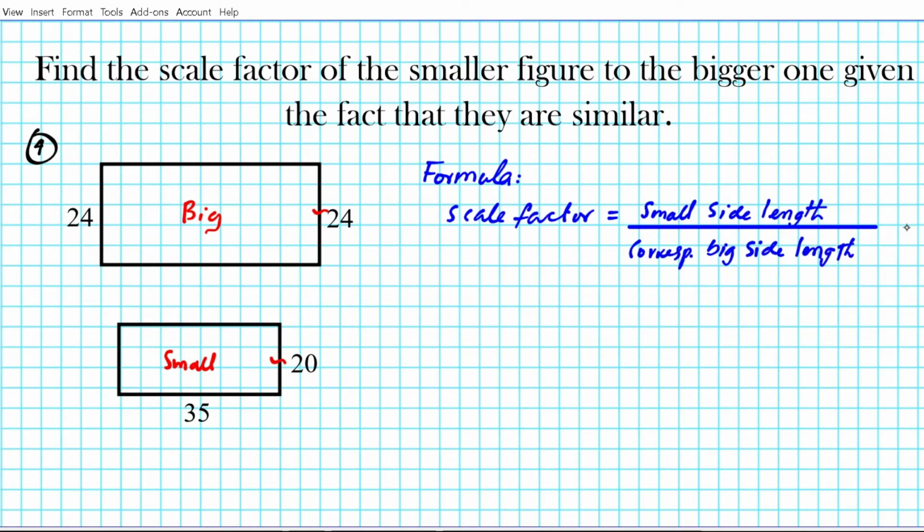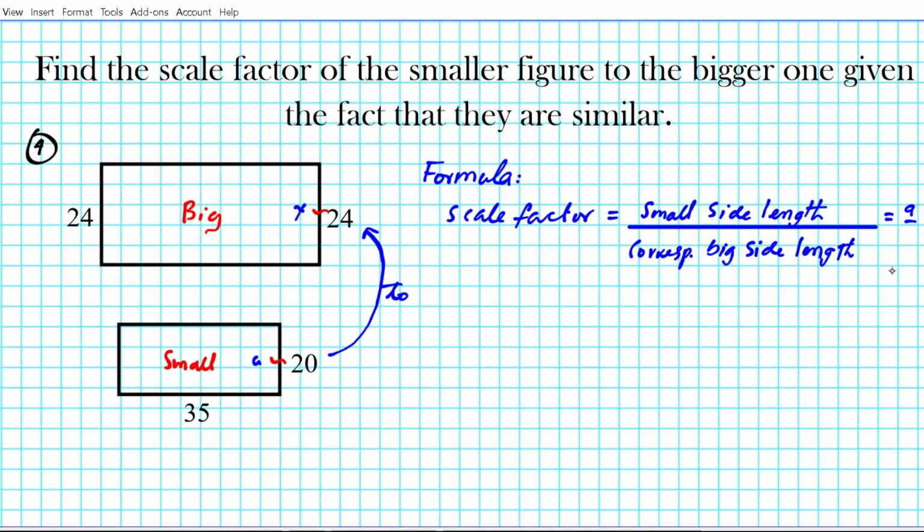In this particular case, let's call this A and let's call this B. We're looking at the ratio of small to big, so it's going to be A over B. No, let's not use B. Let's use X so that it's the same across all of them.